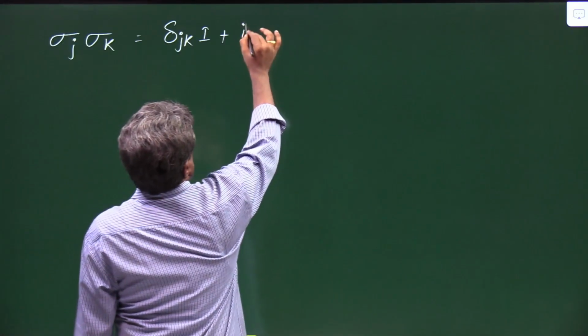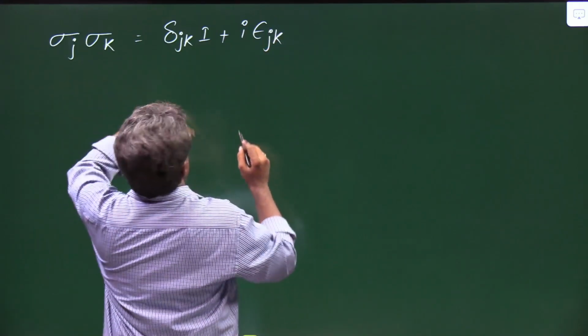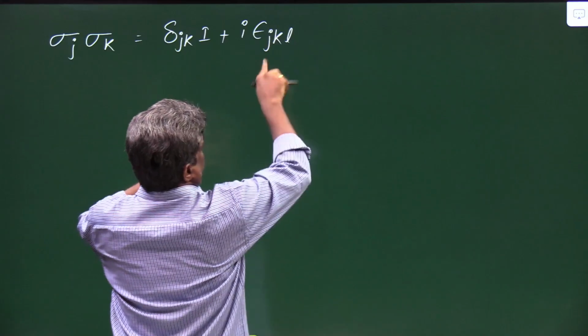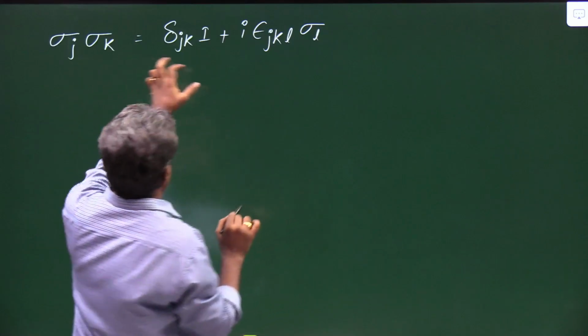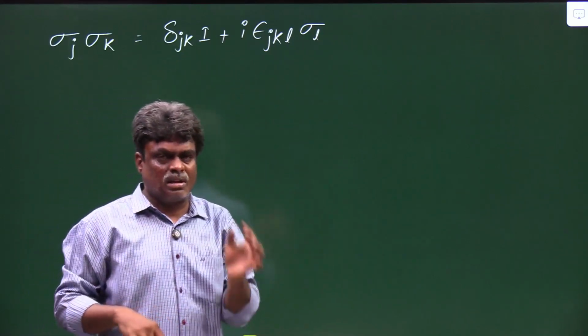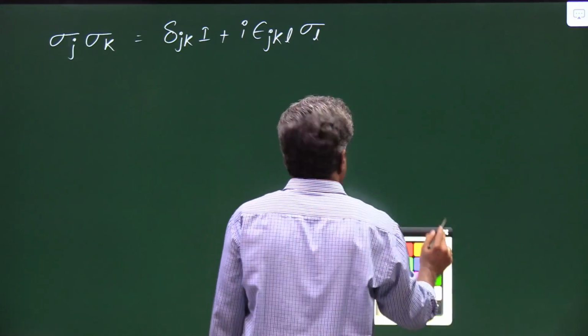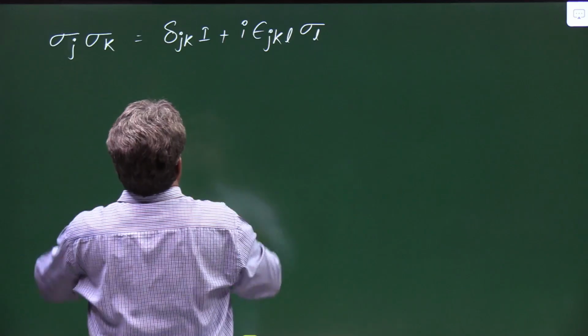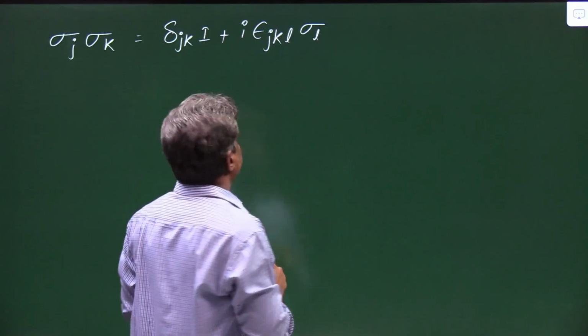So this is iota epsilon jk. You can take another index, order jkl, something like that, and this is a sigma l. Don't bother about this jk and all these things. And that tensor rotation, it is just a dummy index. Now this is our product of sigma j and sigma k. Fine.